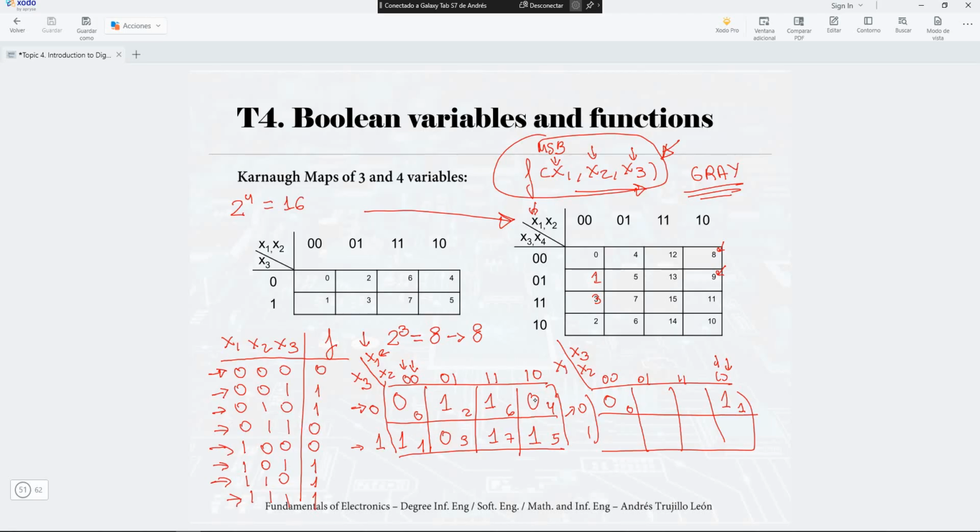What happens if we are working with a function of 5 variables? You have 5 variables. You are going to need 32 cells.